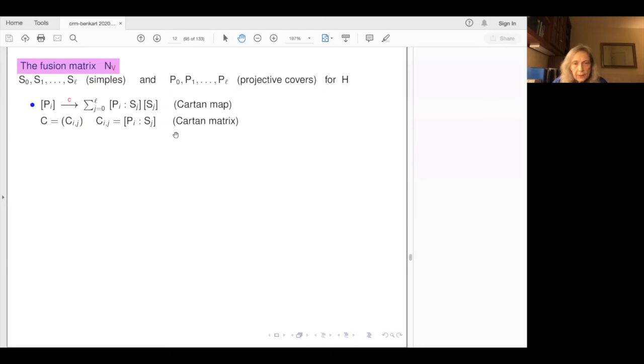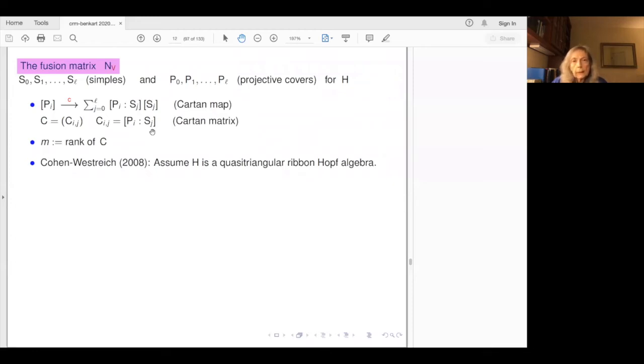And there's something that people call the Cartan matrix. It's not what you think. It's just the matrix of this map up here. And I'm going to let M be the rank of this Cartan matrix. So in a paper by Cohen and Westreich, they studied this situation.